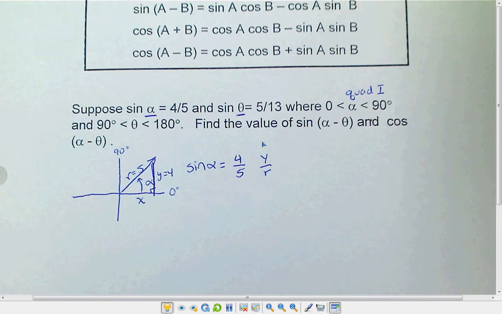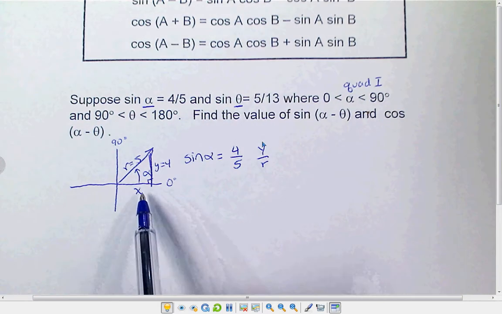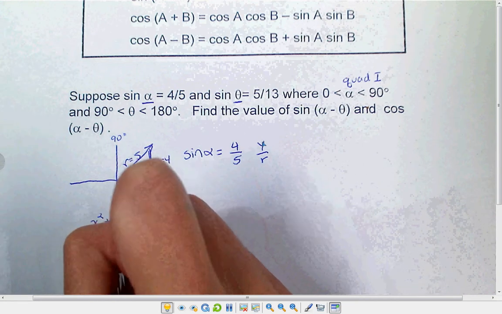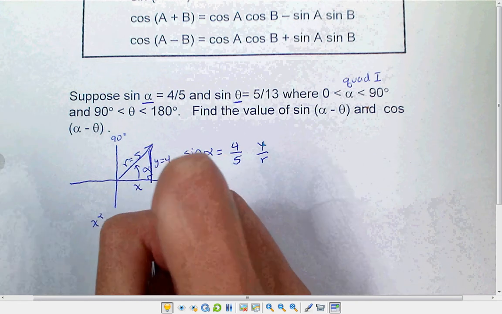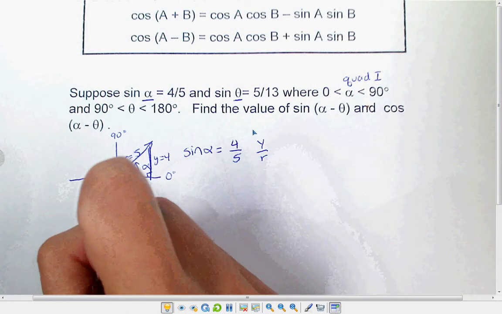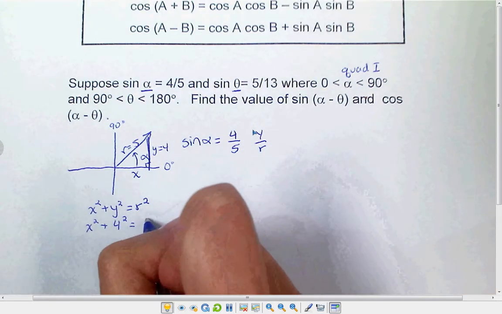So just like what we did in a different unit, in this right triangle we have to figure out what x is. So we're going to do x squared plus y squared equals r squared. R is our hypotenuse. So we know that y is 4 and r is 5.